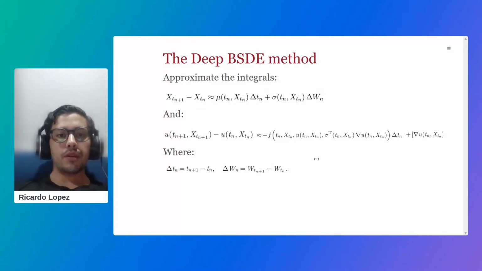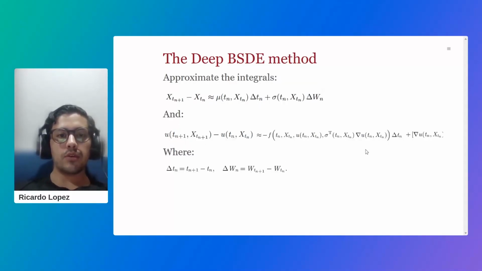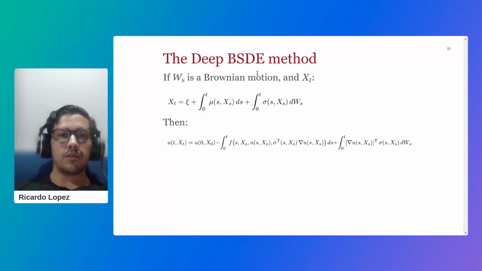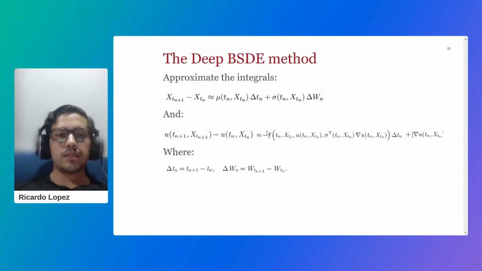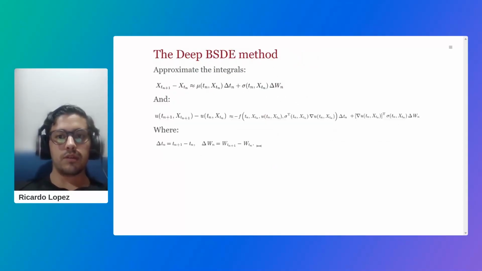Also, as a first step, before using neural networks, we will approximate this integral equation, which is actually a backward stochastic differential equation, therefore the name, using Euler's formula, as in this equation right here. So here we are just taking small steps in time and small steps in W, such that we can approximate it this way.